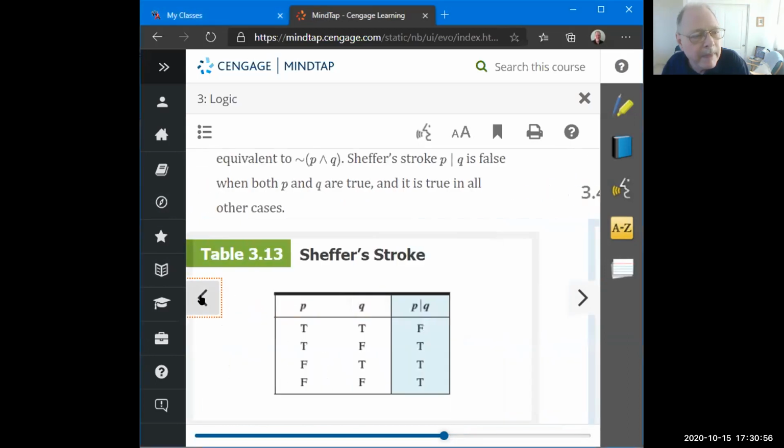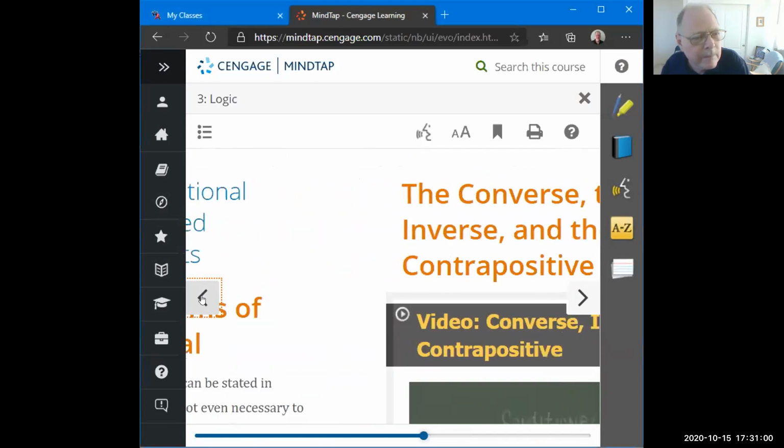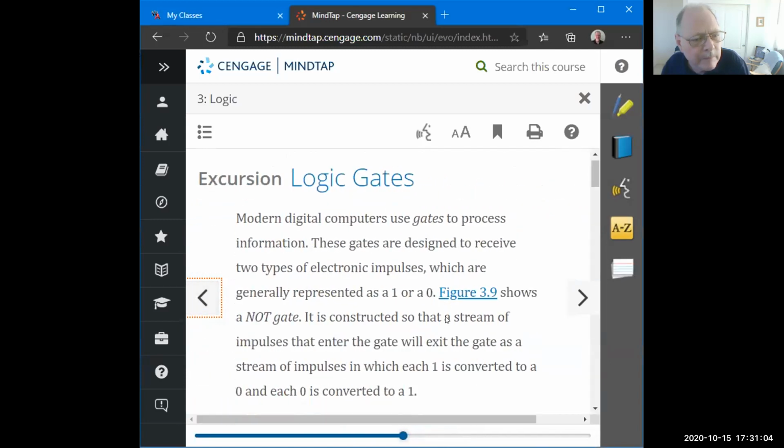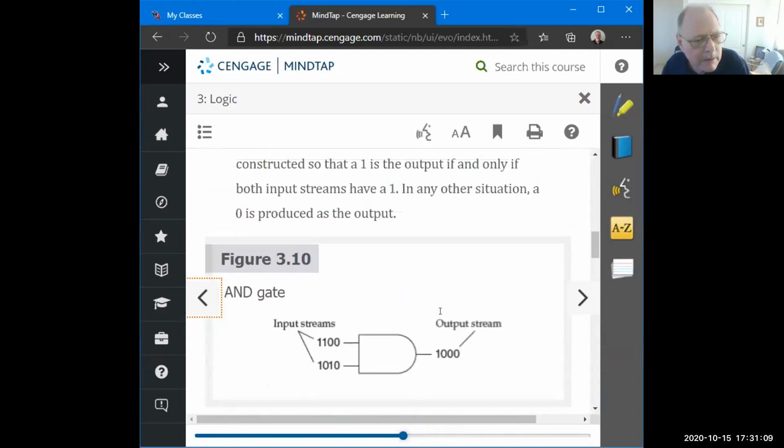Okay. So I just want to draw a little picture on the document camera here.